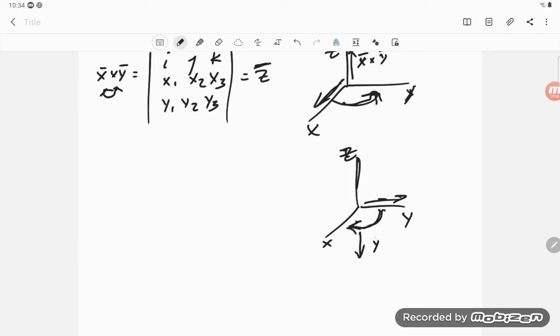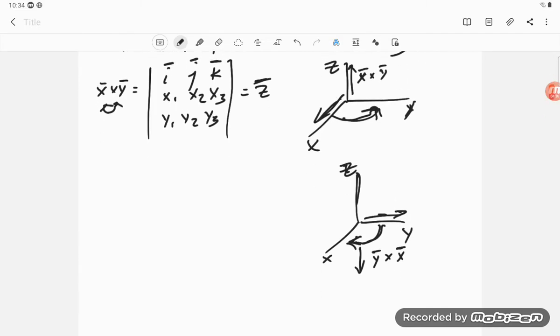And so this is y cross x. Okay, so these are a right-handed system, and so we would determine the direction of our cross product vector using a right-hand system. And so various properties.